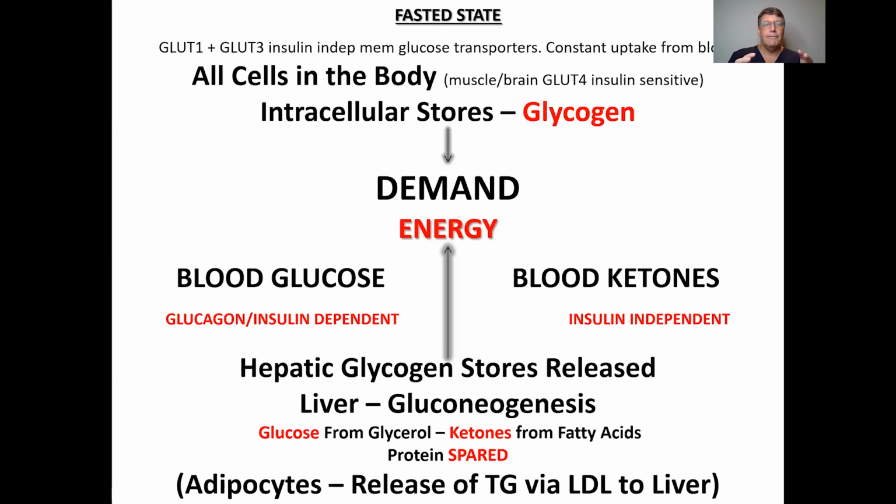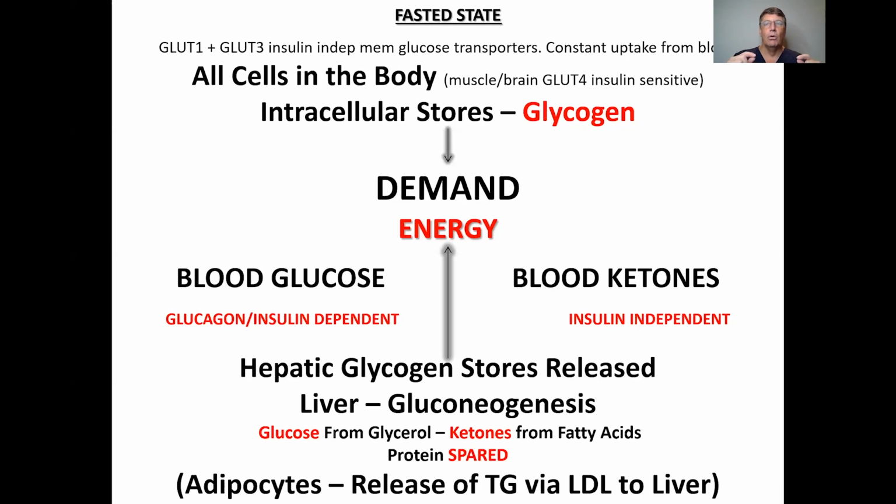So in the fasted state, all nucleated cells have the capacity to store sugar as glycogen. And as cells in the body are working in the fasted state, they're creating this huge demand from the bloodstream to take up sugar, depending on if they primarily use sugar or ketones, and we'll discuss that in a second.